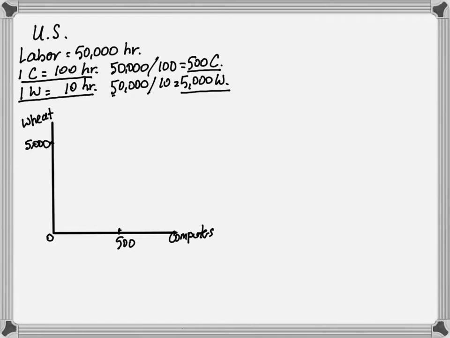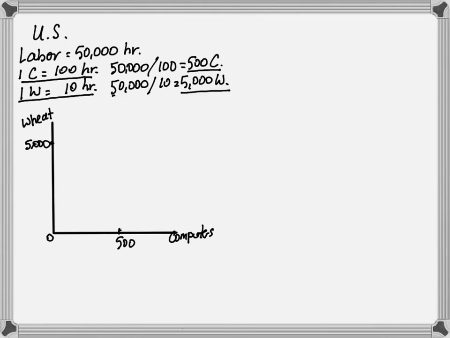We can put that information on our production possibilities curve for the United States. If the US allocates all its labor input in the production of wheat, the United States will produce 5,000 tons of wheat, but no computers.